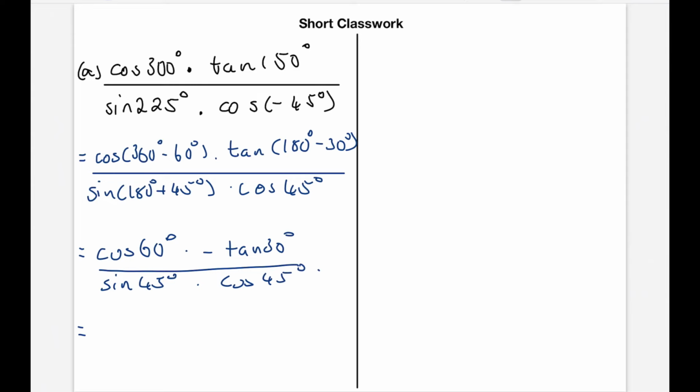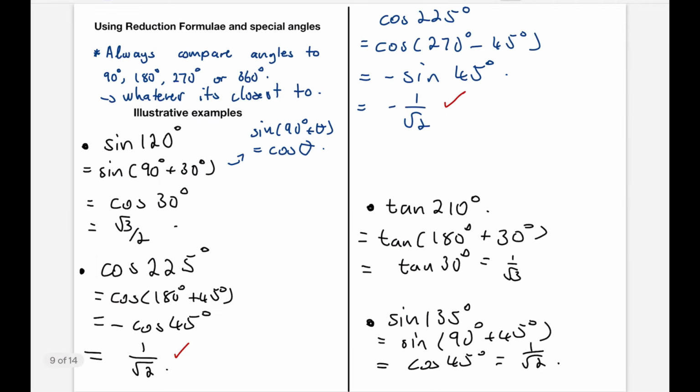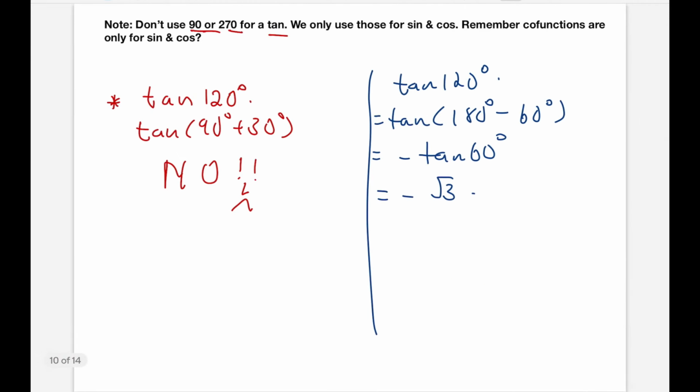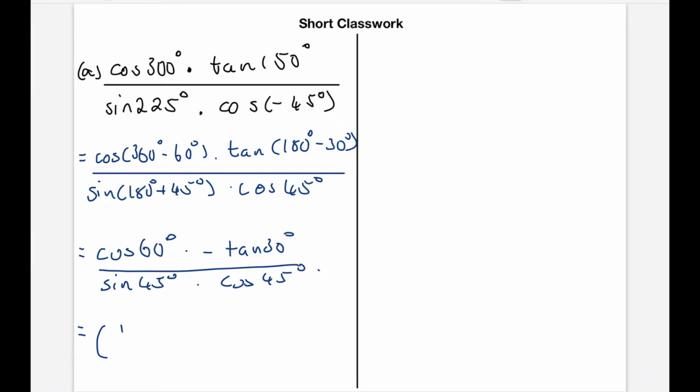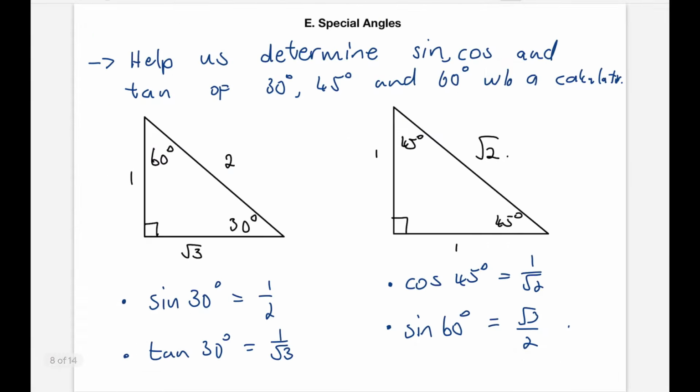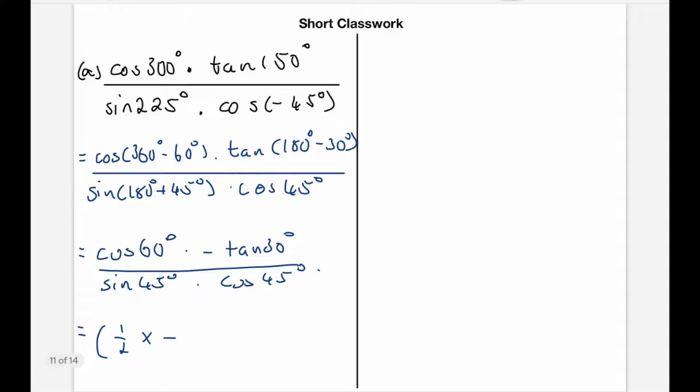Now this means that in my numerator, I now have cos of 60, according to special angles, is 1 over 2. So it's a half, right? I have a half times negative tan 30. And tan 30, according to my special angles, is 1 over root 3.